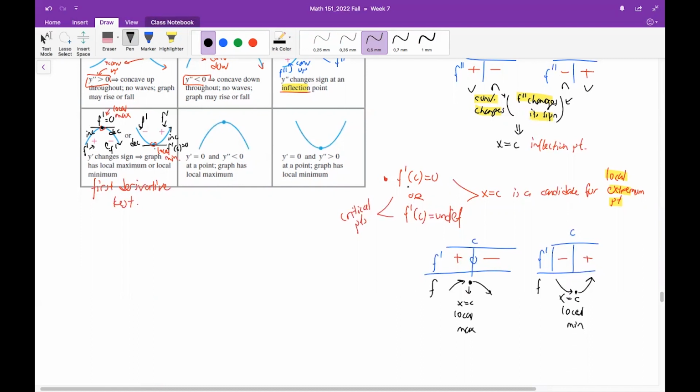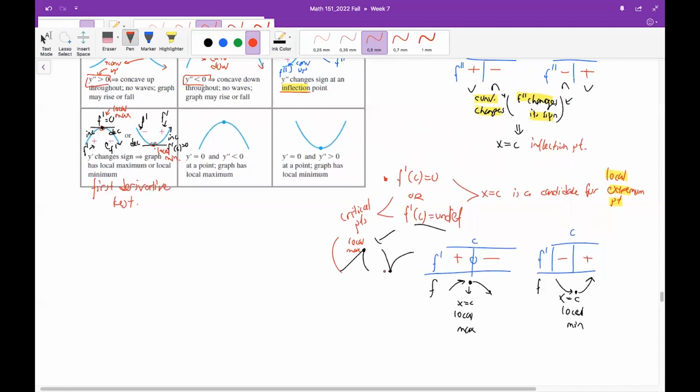So to detect local max or minimum points, first of all, you will compute the first derivative and try to see at which points the first derivative is 0 or undefined. Both of them may happen. If it is undefined, you will have corners or cusps, which can also be local max or local min.